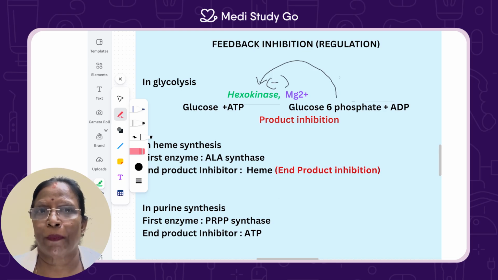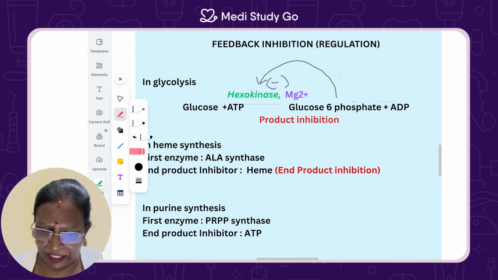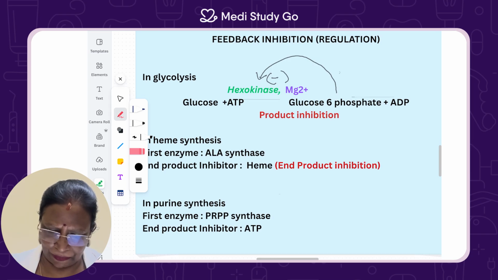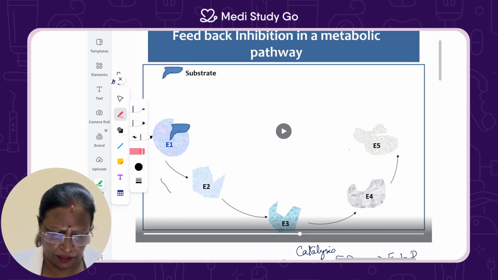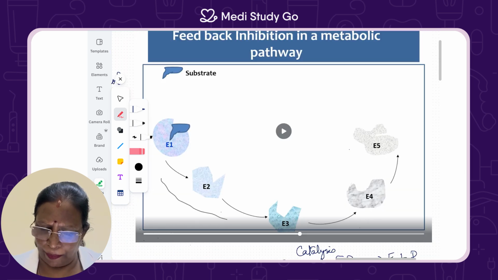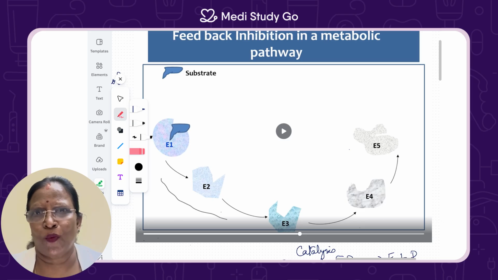This is called product inhibition. In a metabolic pathway, there are a series of reactions. Maybe 3, 5, glycolysis has 10. So every reaction is catalyzed by an enzyme and it produces an intermediate. Now let us see this in the form of a video. This represents a metabolic pathway. There are 5 enzymes, so there will be 4 intermediates and 1 end product.